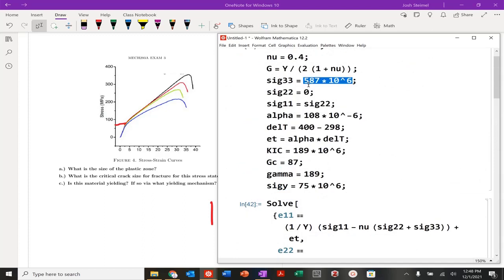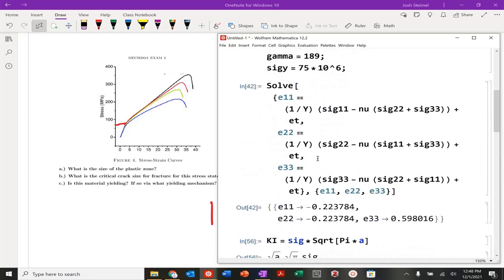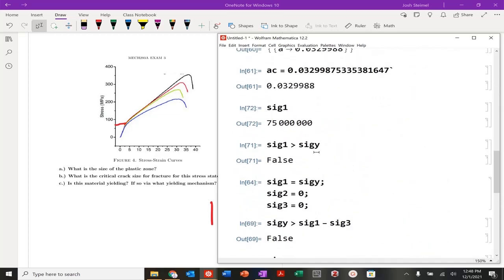I think we may have a little bit of a definition issue here. Sigma 1 should not be this. Here's my problem. Apologies for that. So, is sigma 1 greater than sigma y?